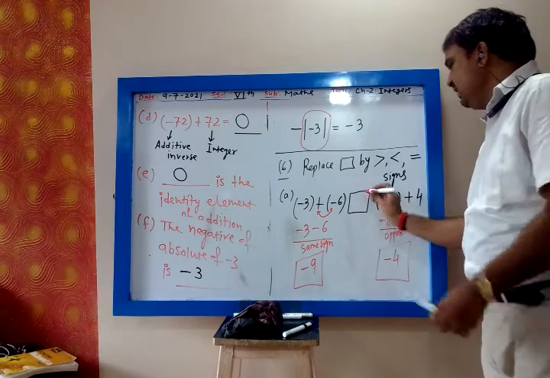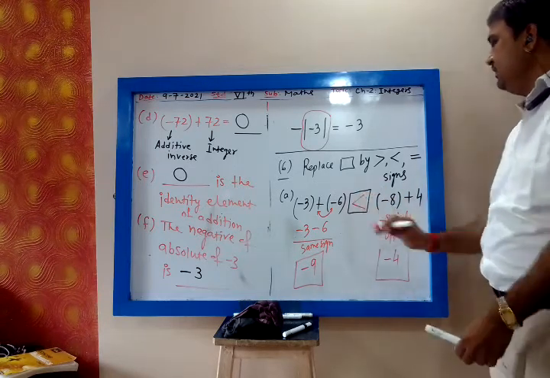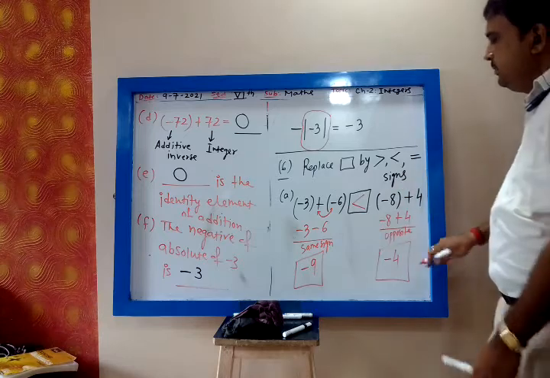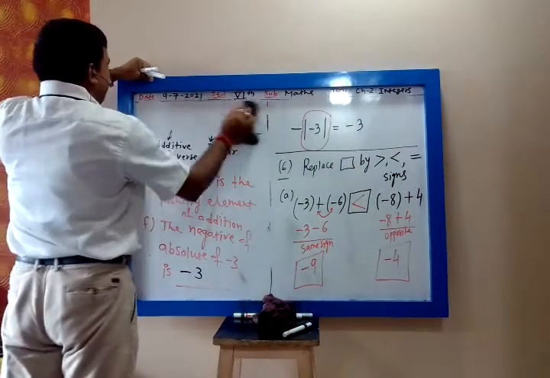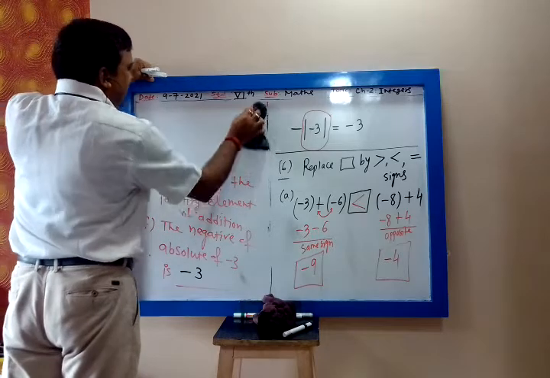So I will get minus 9 is less than minus 4, this side. Minus 4 will be bigger. So in negative integers, if the number is bigger, the integer will be smaller.